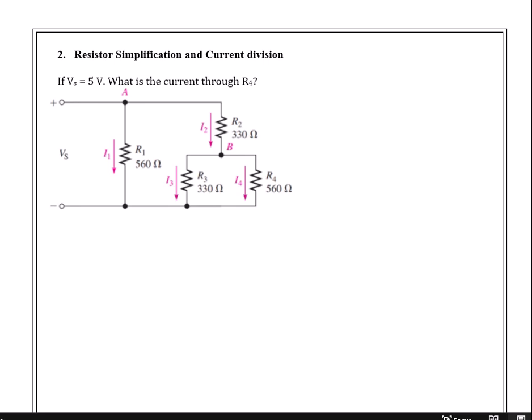So the first thing that we have to do in order to do this is to figure out the total resistance of this circuit here. What is the R equivalent of all of these resistors? Remember that if you have two resistors in parallel, R equivalent is product over sum.